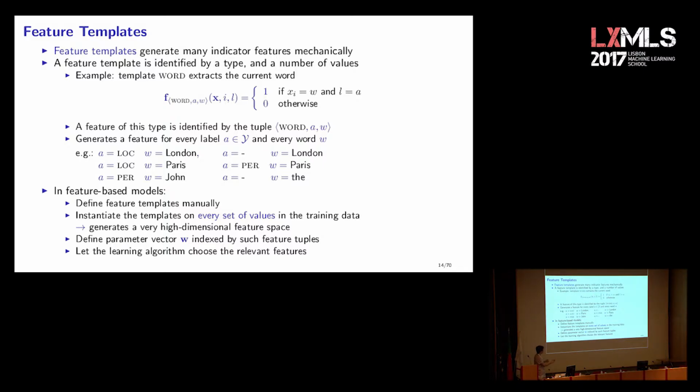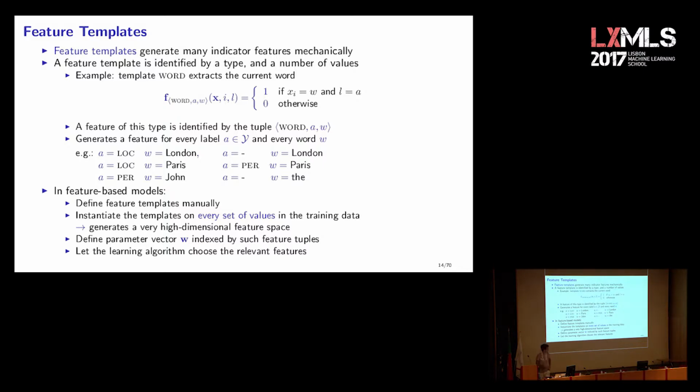And then recall that this goes in the context of a linear model. So for each of these feature templates, we have one parameter in our weight vector indexed by the same thing. So what we do is generate this huge amount of features, and then the trick, and that's an important point, we let the learning algorithm choose the relevant ones.